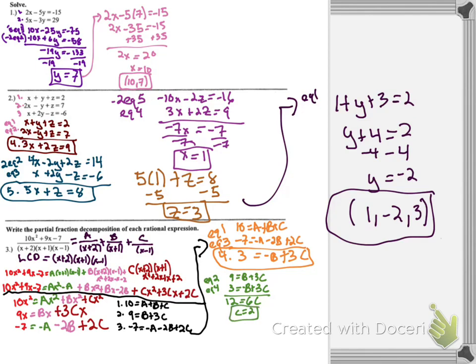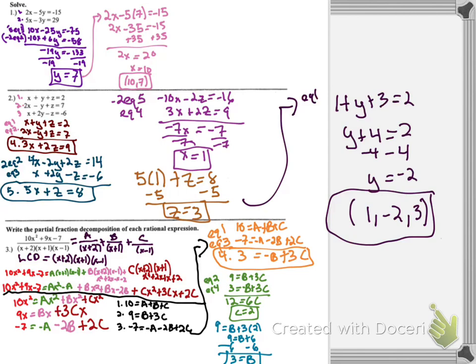Now that we have C equals 2, we're going to substitute it back into either 2 or 4. So I went with 2: 9 equals B plus 3 times 2. 9 equals B plus 6. Subtract the 6 over. B has to equal 3.